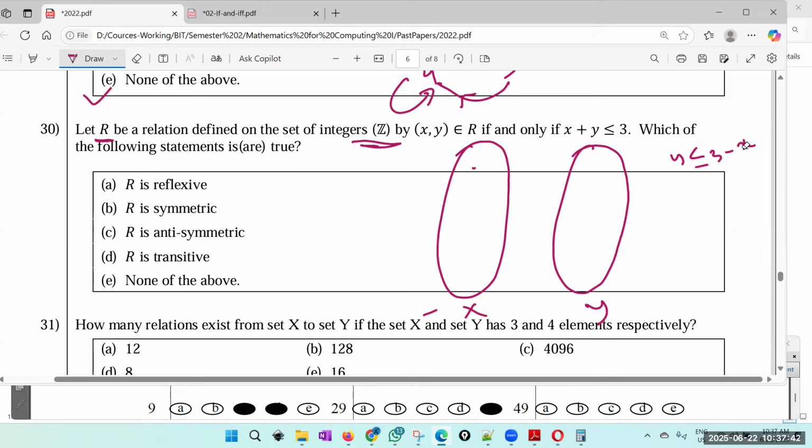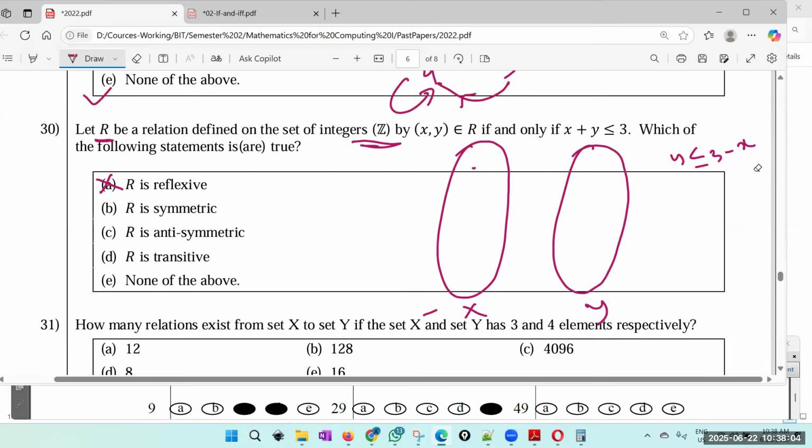From 3 you subtract x. Definitely it can't be reflexive because there's nothing like 5 mapped to 5. So therefore it's not reflexive. At least I can get rid of some wrong answers. Can it be symmetric?